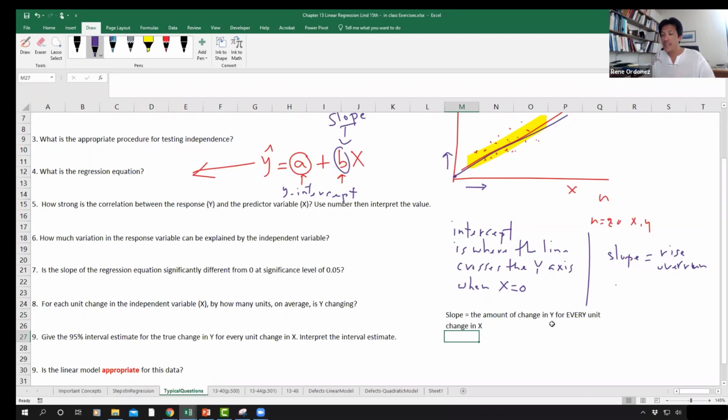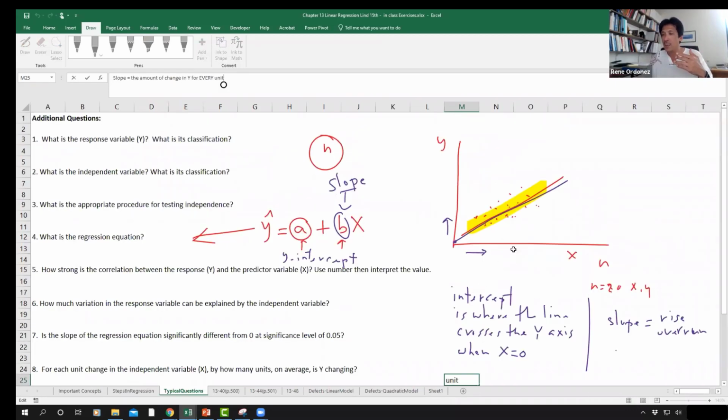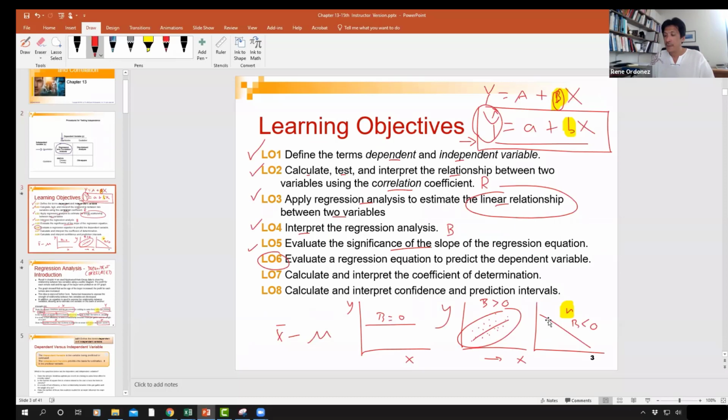Now, at this point, I'm still using a somewhat generic term, such as change. I'm not using increase or decrease, because sometimes, if you have a relationship like this, when x increases, y decreases. But when you have a relationship between x and y that is direct, when you increase x, y will also increase.